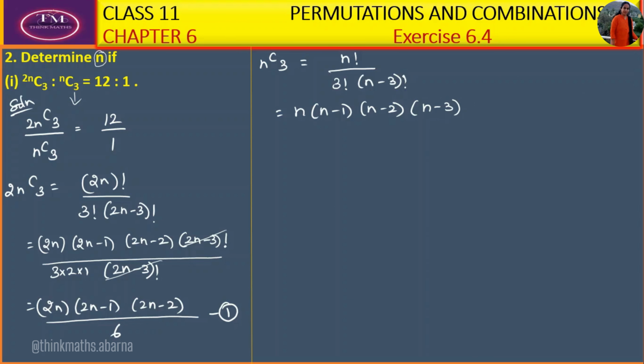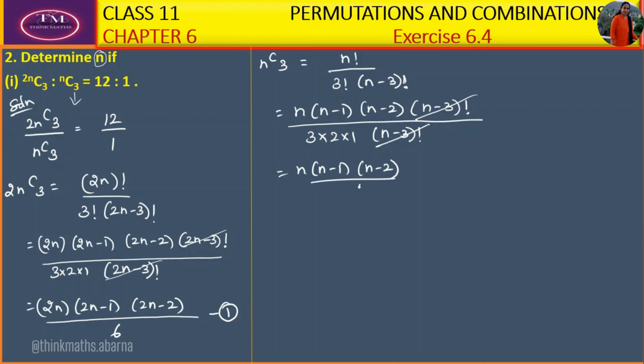You can stop with this and put factorial as we have the same in the denominator. 3 factorial is 3 into 2 into 1 into (n minus 3) factorial. So this gets cancelled. The remaining will be n into (n minus 1) into (n minus 2) divided by 6. Keep this as 2.